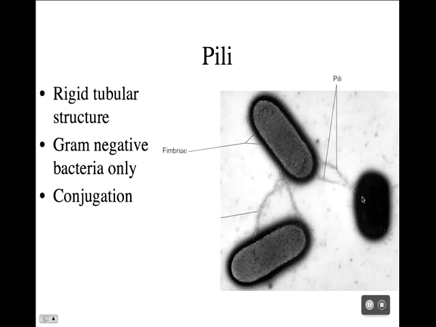And what they do is they will send a copy of their DNA through the pilus to the other cell. That's called conjugation. So conjugation is a mating process transferring DNA from one cell to another through a pilus.